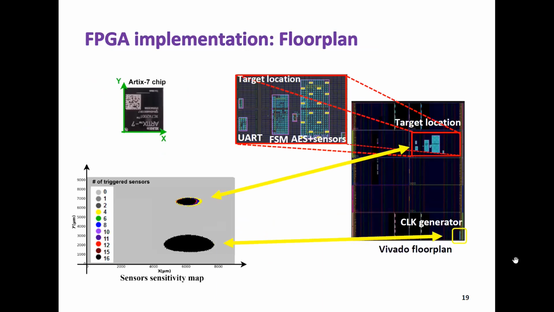Here you see it pass from yellow to blue, red, and black, which means we have four sensors triggered, then 8, 12, and 16. Why 16? Because it is located over the AES, and my probe is 2 millimeters, which explains why all the sensors are triggered at the same time.